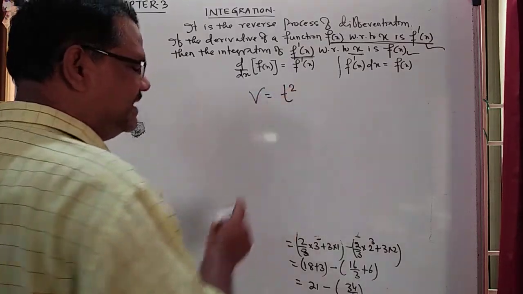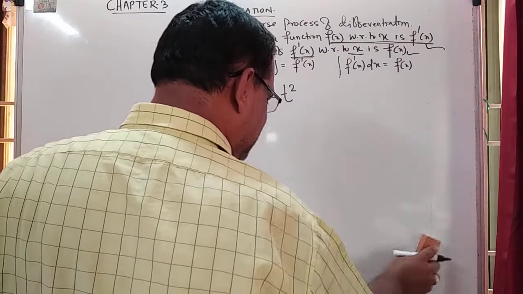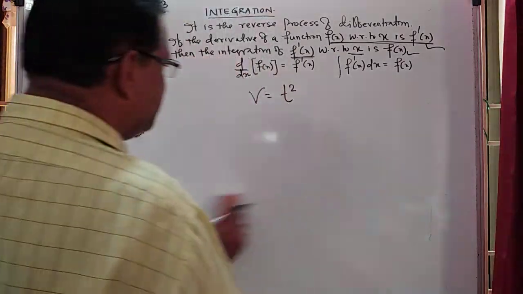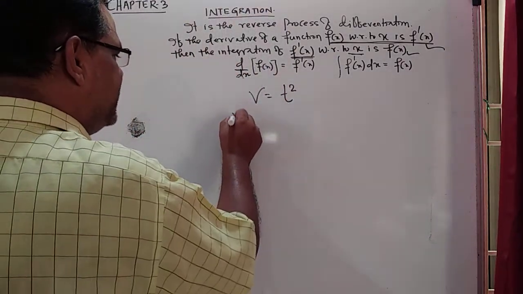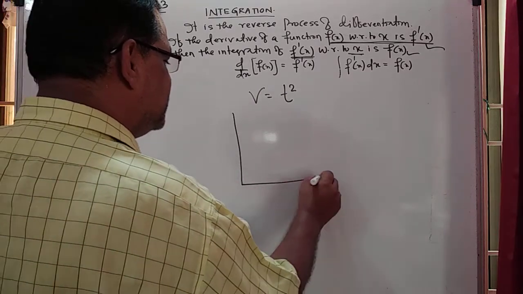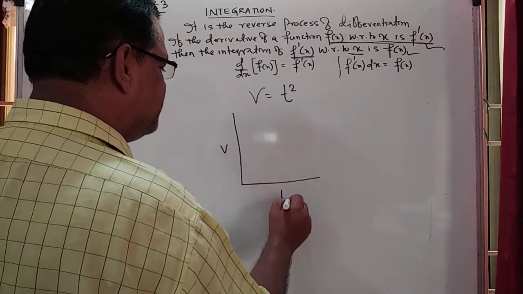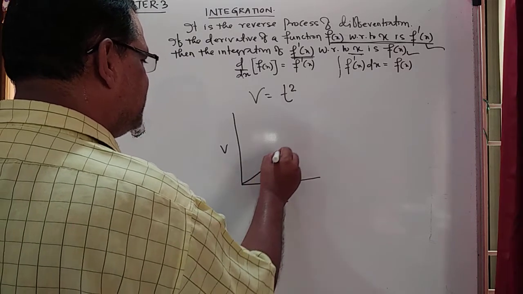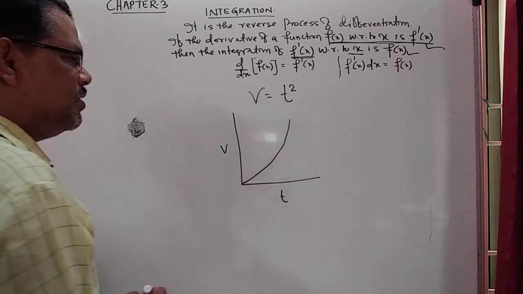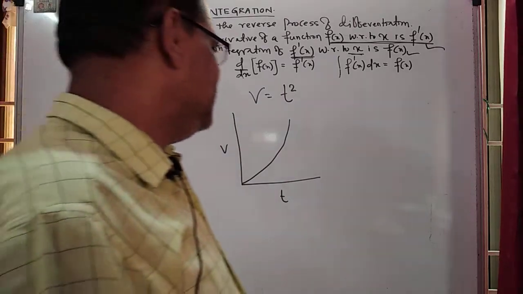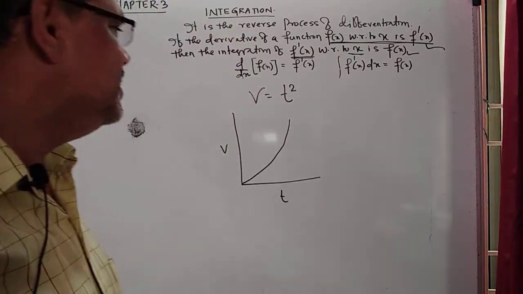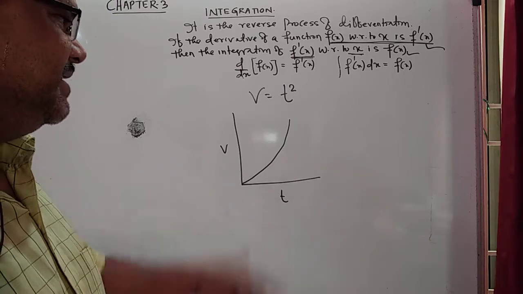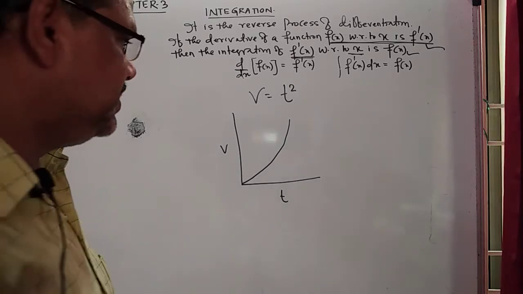If you plot the graph between v and t, the graph will be increasing in this manner. So what will be the distance traveled by the object between 2 to 3 seconds?